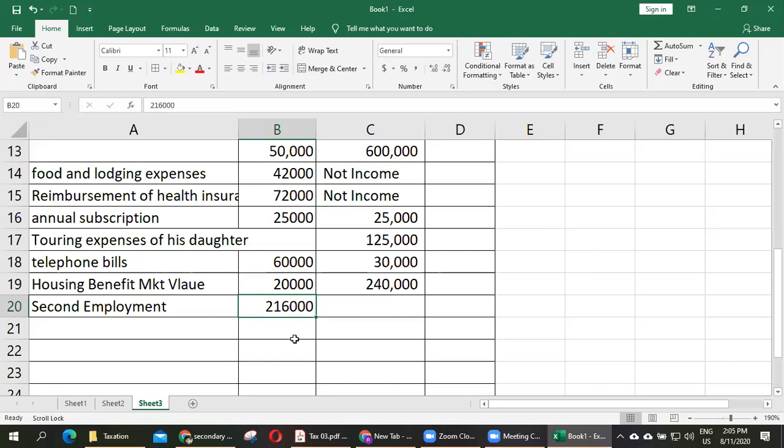How much is it per month? Above 50,000 or below 50,000 per month? Guess the answer. Below 50,000. So what is the rate? The rate is 10%, right? It means this 216,000 is equal to 90%.